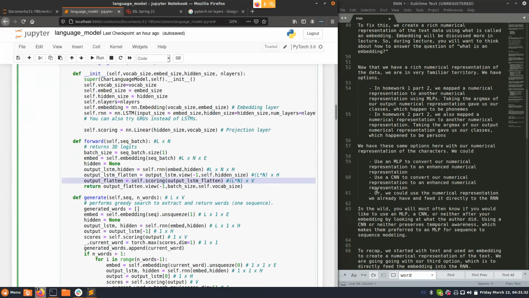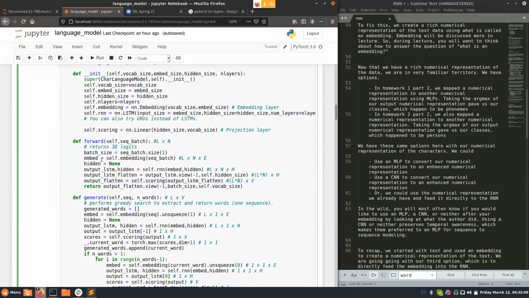After you go through the RNN, you have your outputs, and you can follow that with an MLP, a CNN, or nothing if you prefer. The same considerations apply: whenever you map from numbers to numbers, you have the option to use one of the modeling techniques that we have.